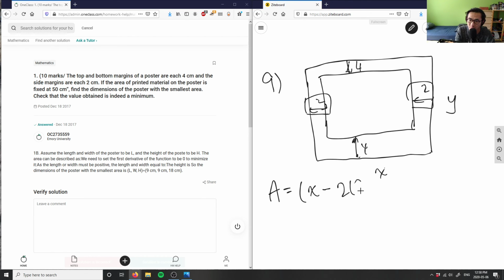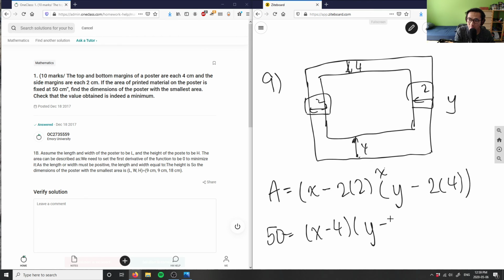Then 2 times 2 times Y minus 2 times 4. So I have something like this as my area, and this entire equation equals 50. So this is X minus 4 times Y minus 8.